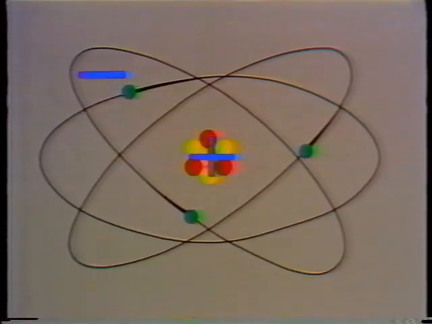Now, since the nucleus of an atom is made up of protons, which are positively charged, and neutrons, which have no charge, the nucleus of an atom always has a positive charge. This positive charge is matched by the negative charges carried by the electrons that travel around it.